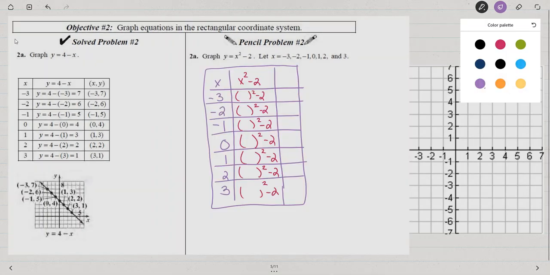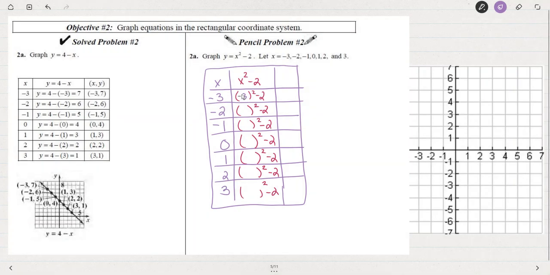I'm going to replace the x with a negative 3. Make sure you recognize that that whole negative 3 is squared. It's not the opposite of 3 times 3. It's a negative 3 times a negative 3. So negative 3 times negative 3 is positive 9. 9 minus 2 is 7. So when x is negative 3, y is 7. Then when x is negative 2, squared, that's negative 2 times negative 2 is 4. 4 minus 2 is 2.